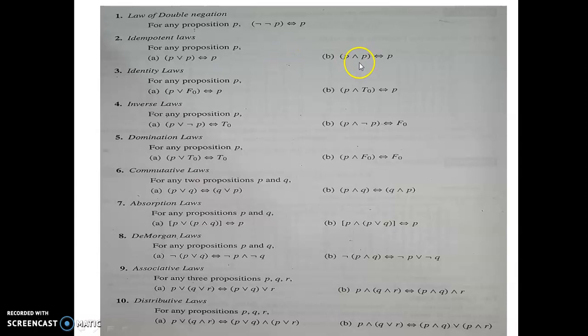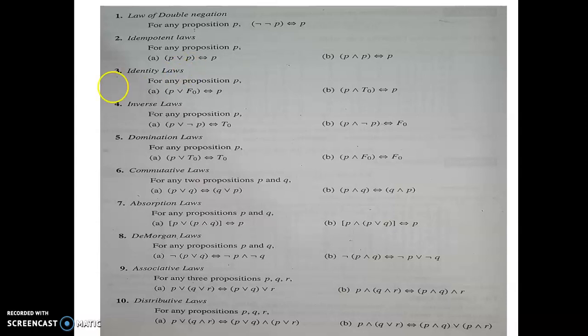And p and p is also p itself. This is the idempotent case, which differs for other laws; p and q is never p. Idempotent means you get the same proposition if you come across p or p or p and p. So this law is called the idempotent law.